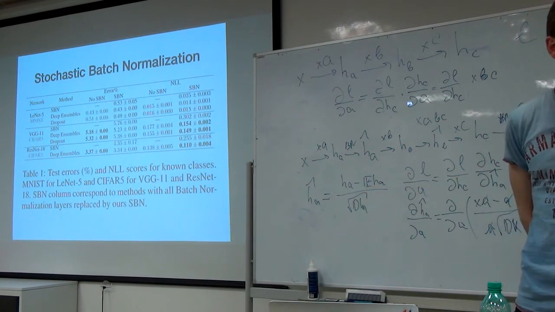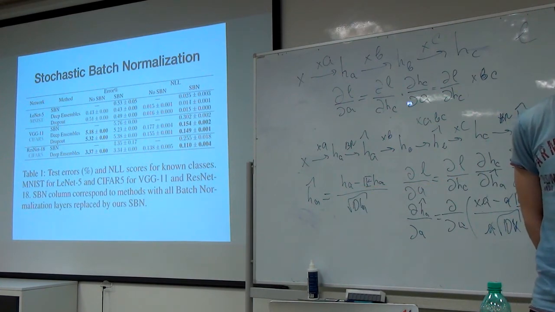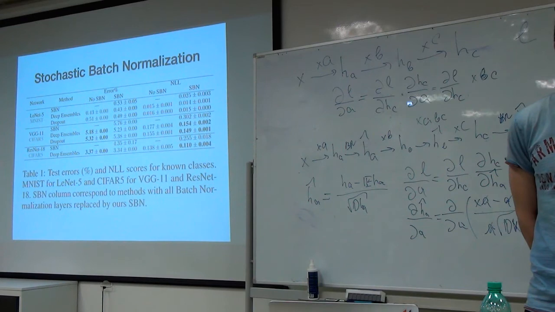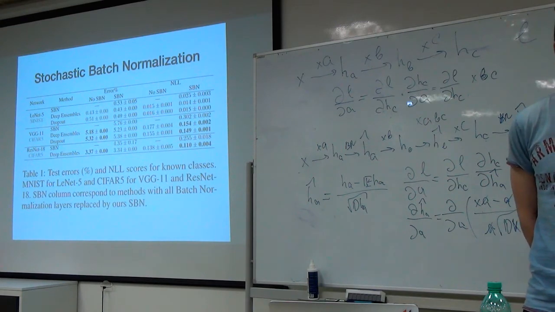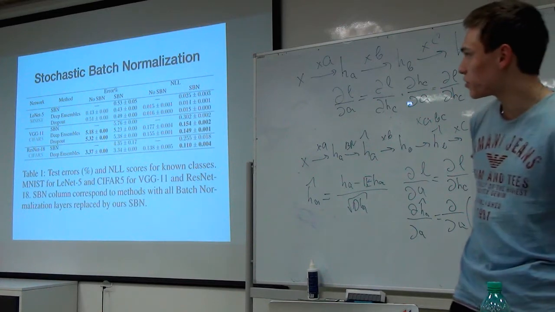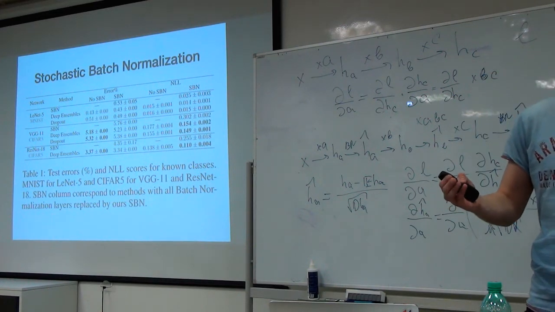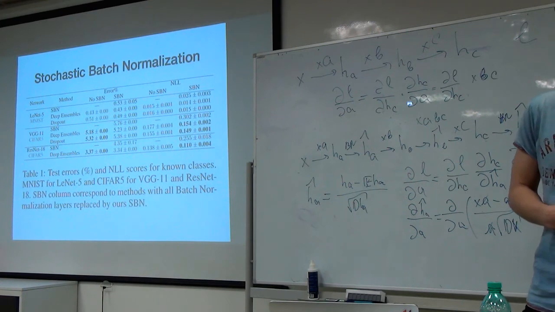I see. So the SBN takes like a factor of 10 times longer to predict than just one model, right? Yes, the SBN is heavier from a computational perspective by a factor of the number of samples.